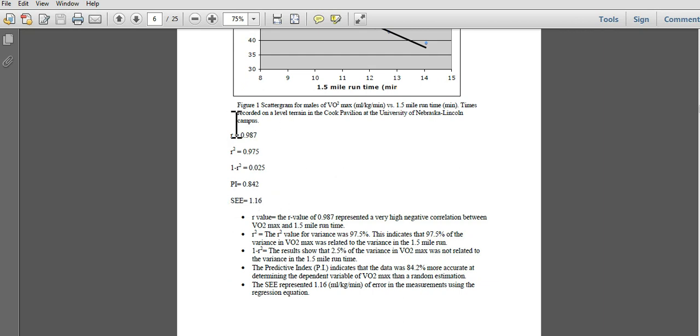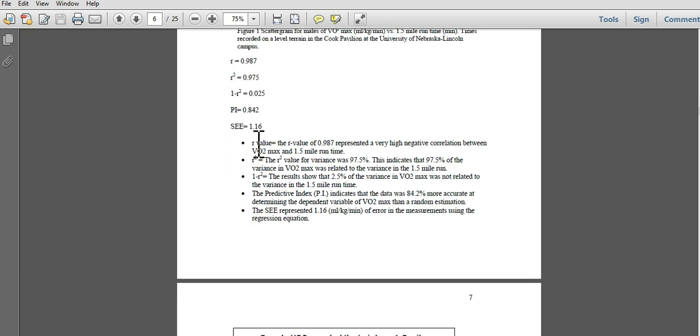But once you get those, okay, list them like they are here, and then below I want you to explain what each of them means. Not what the actual statistic means, but what the actual score means. Okay, so for this example, an r value of 0.987 represents a very high negative correlation.